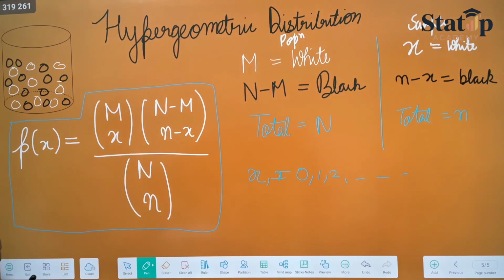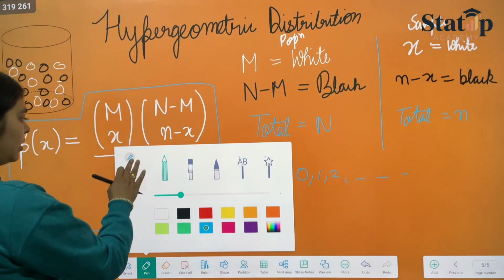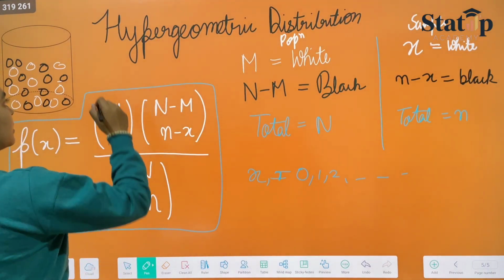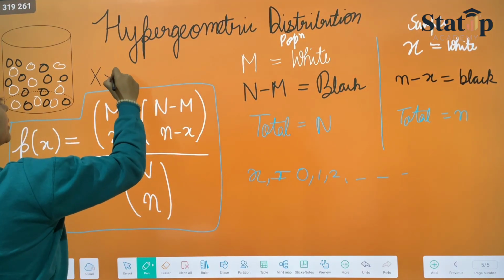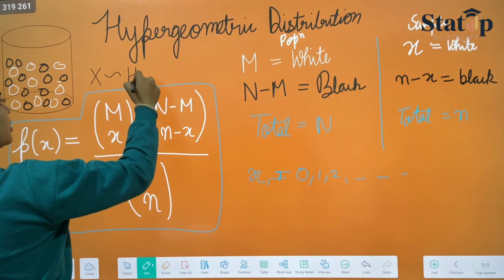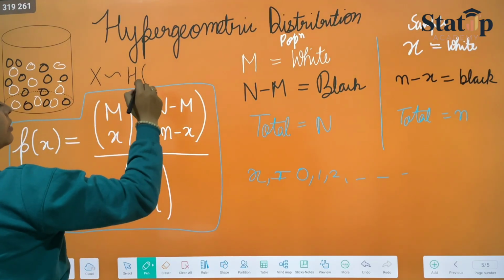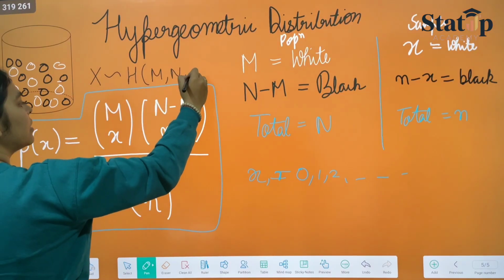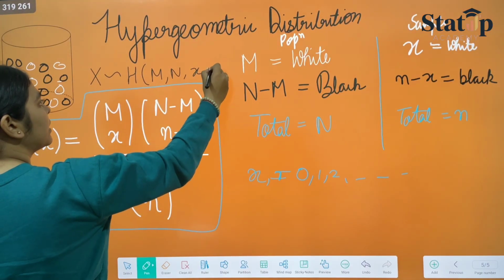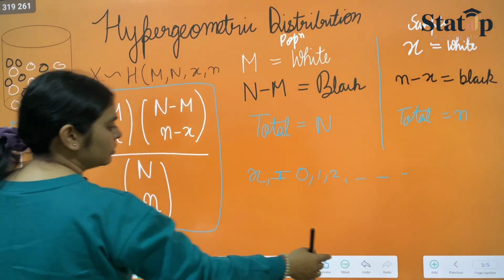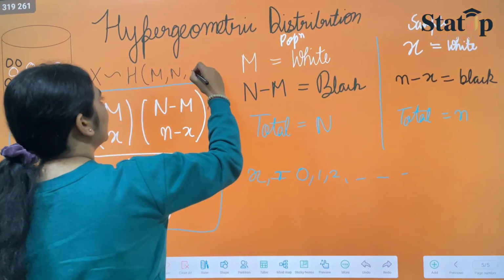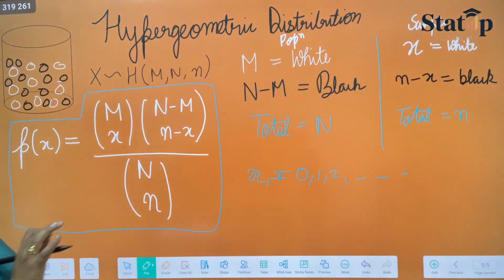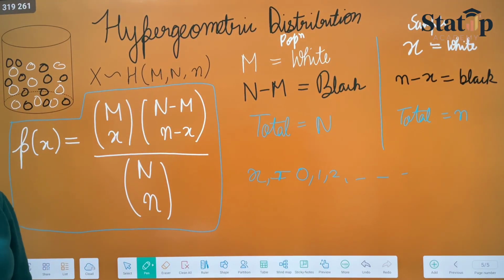And if x follows hypergeometric distribution, then its parameters will be m, N and n. These three will be the parameters. This has been rarely asked in the examination but is very important from the exam point of view.